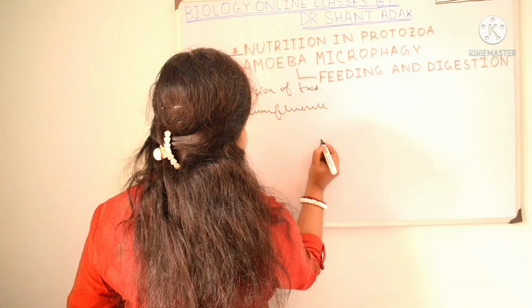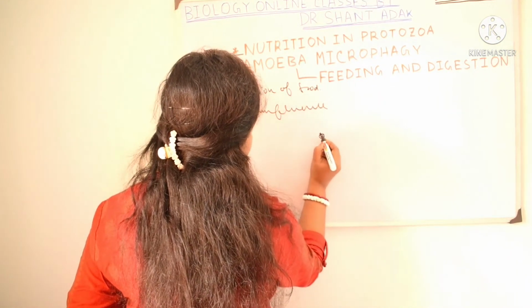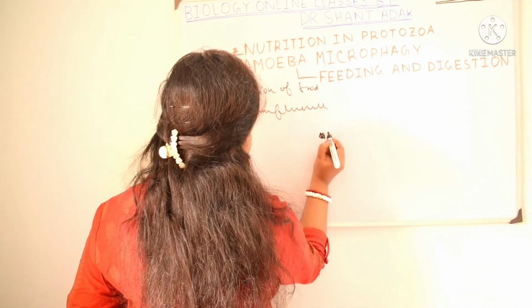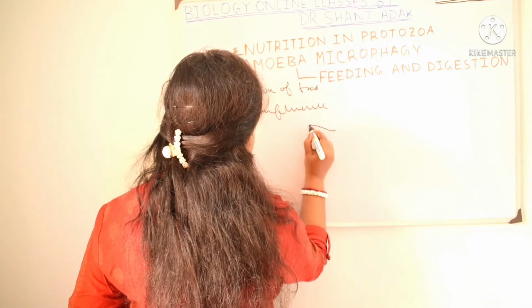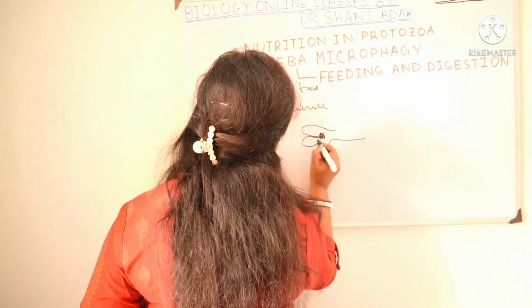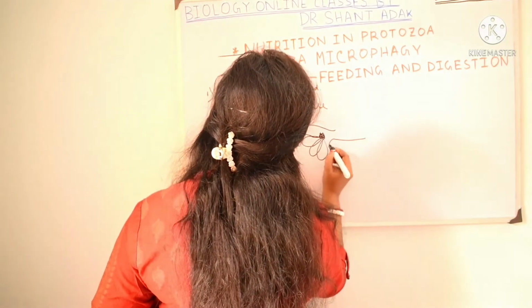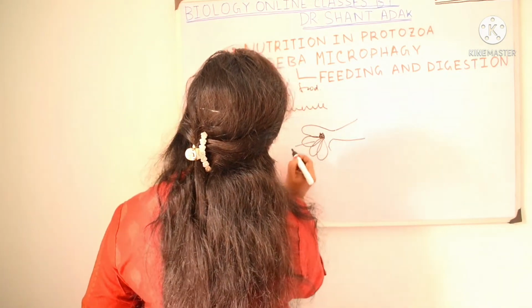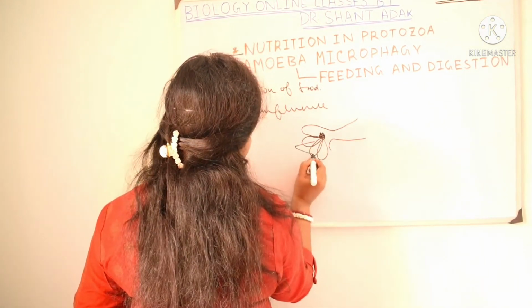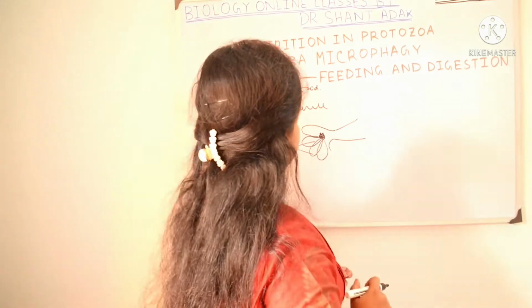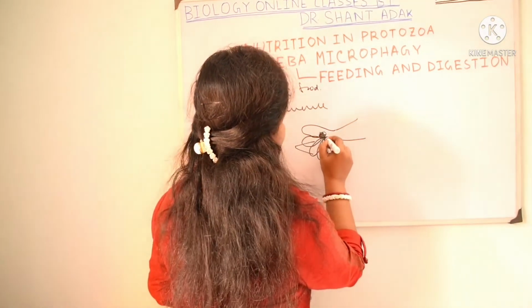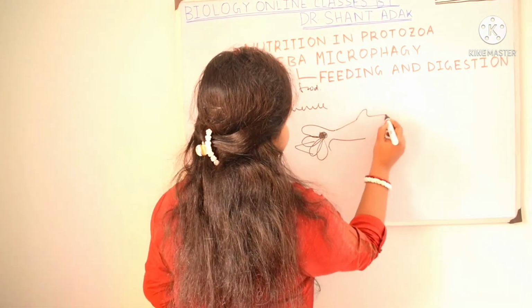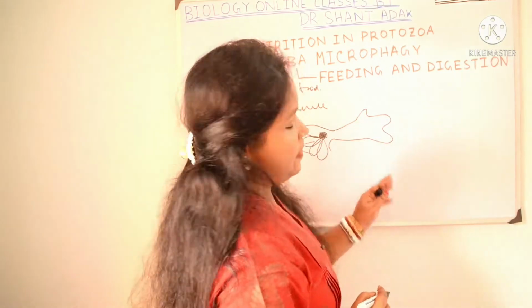See here, the food particle is immobile. These are the successive positions of the pseudopodium. This is immobile food, and this is the body of amoeba.